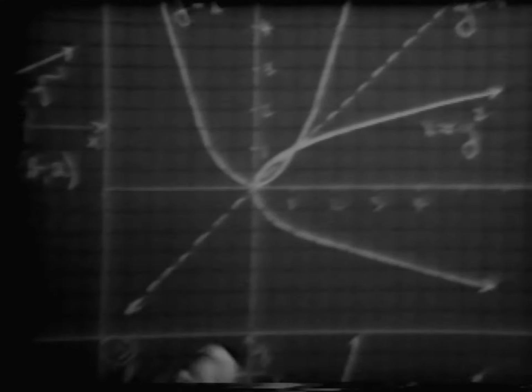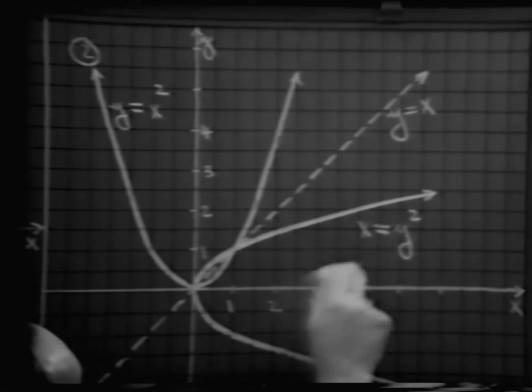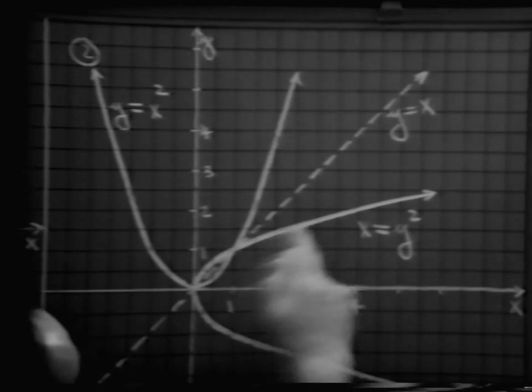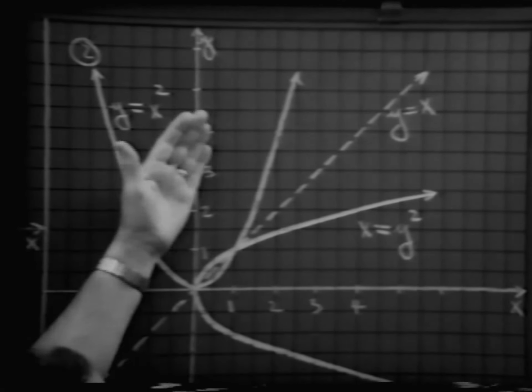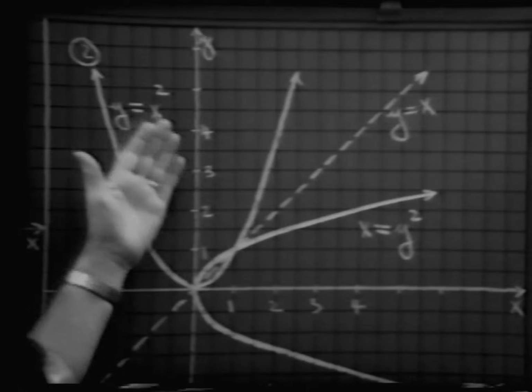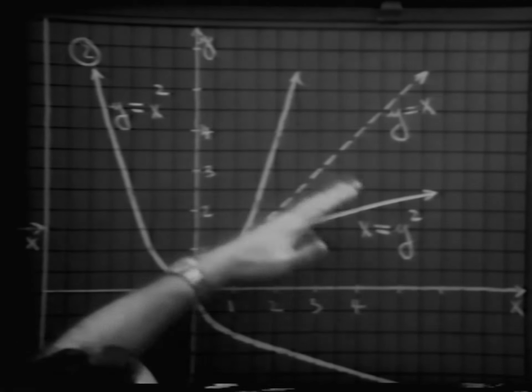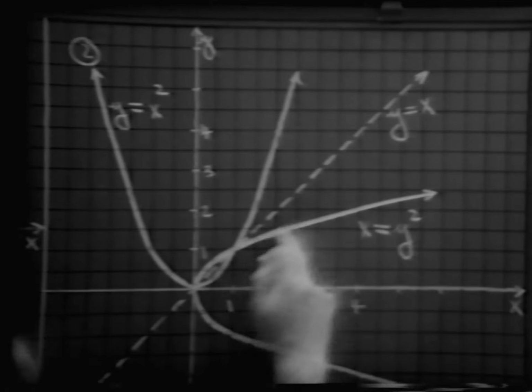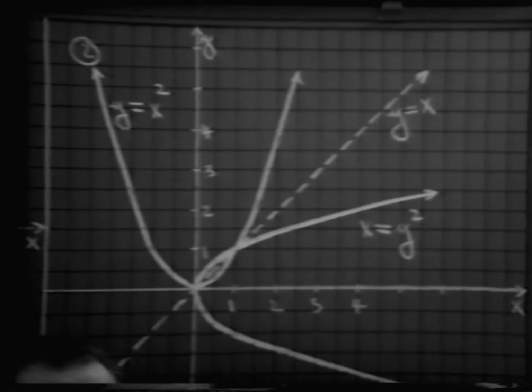Now, let's look at the graph of the relation, which is going to be this graph as we see it here. If you take the y equals x squared graph and flip it over y equals x and look at that symmetry, I think you will agree that we have this graph right here.